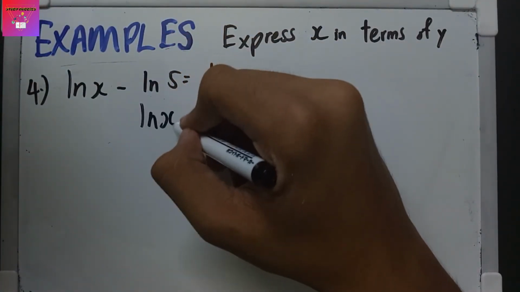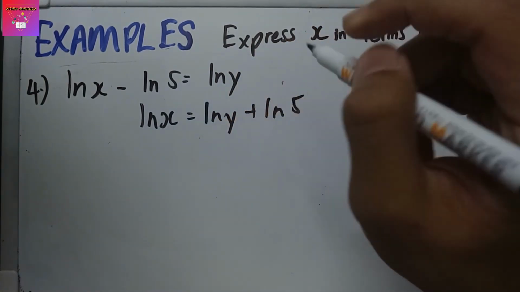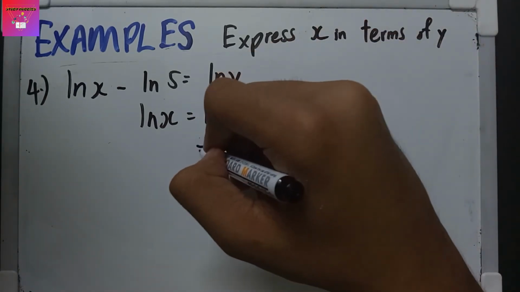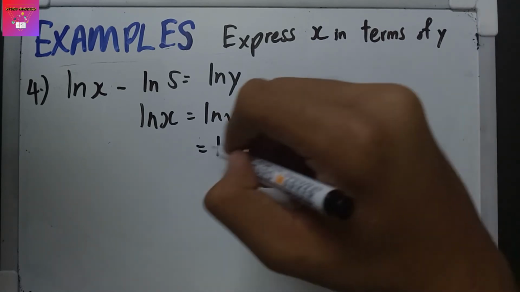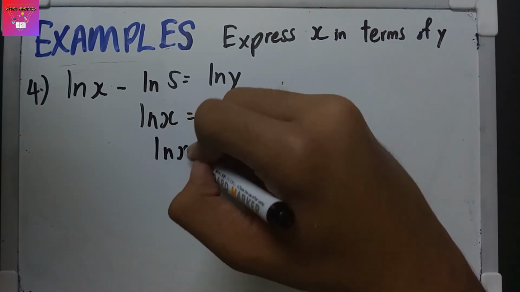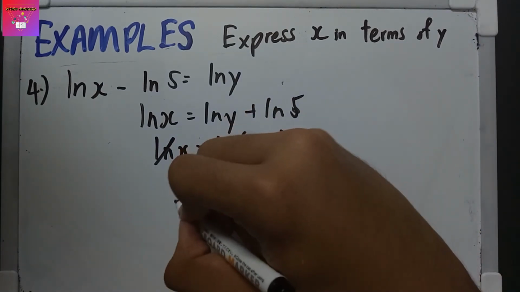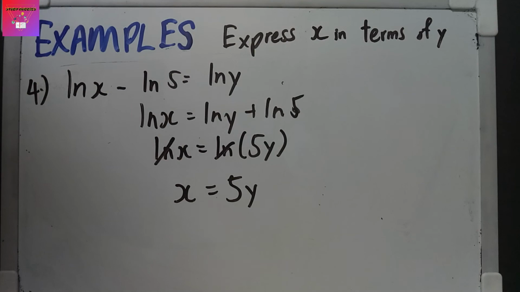So ln x equals ln y plus ln 5. ln y plus ln 5 is actually ln 5 times y, which is ln 5y. So ln x equals ln 5y. Now I'll just cut off the lns, and therefore the answer is x equals 5y. Simple as that. Whenever an express question comes, just try to do this.